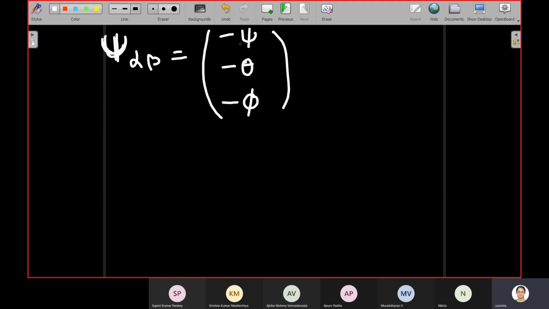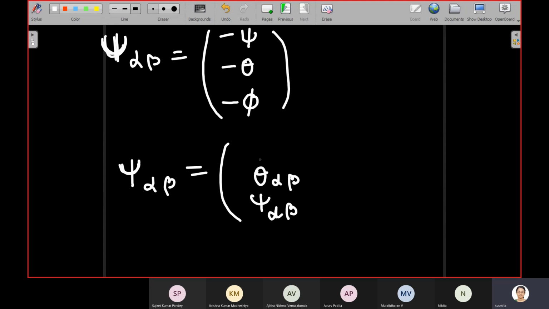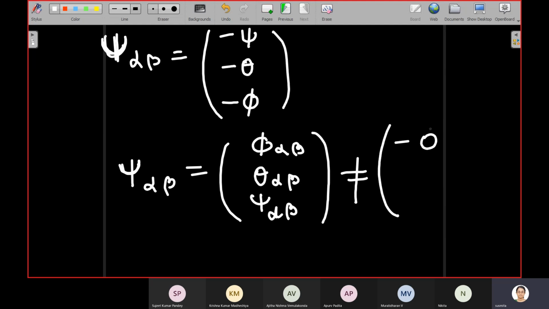And if you want to stick to the 3-2-1 sequence, then you need to find the corresponding angles, that you can write as psi alpha beta, theta alpha beta, and phi alpha beta. And this is not equal to minus phi beta alpha, minus theta beta alpha, minus psi beta alpha.